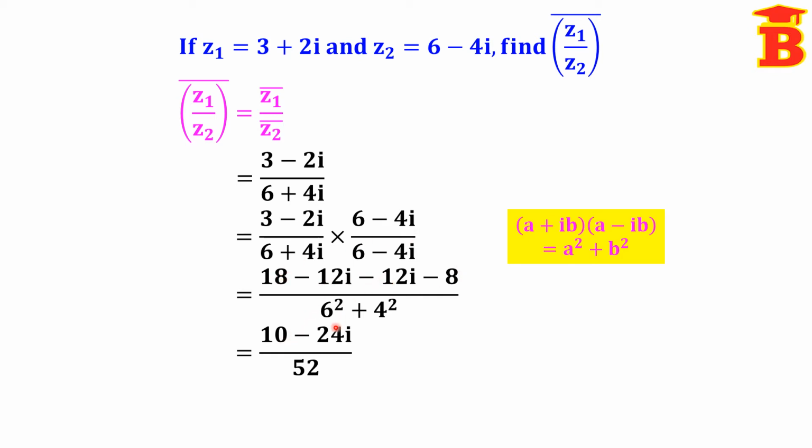Adding this, minus 24i, divided by 36 plus 16, that is 52. We can just split and write this as 10 by 52 minus 24 by 52i. So the final answer is equal to 5 by 26 minus 6 by 13i.